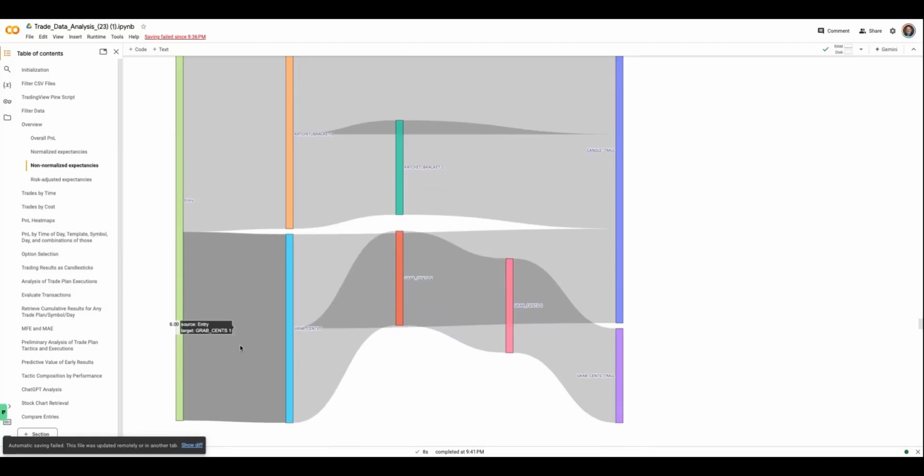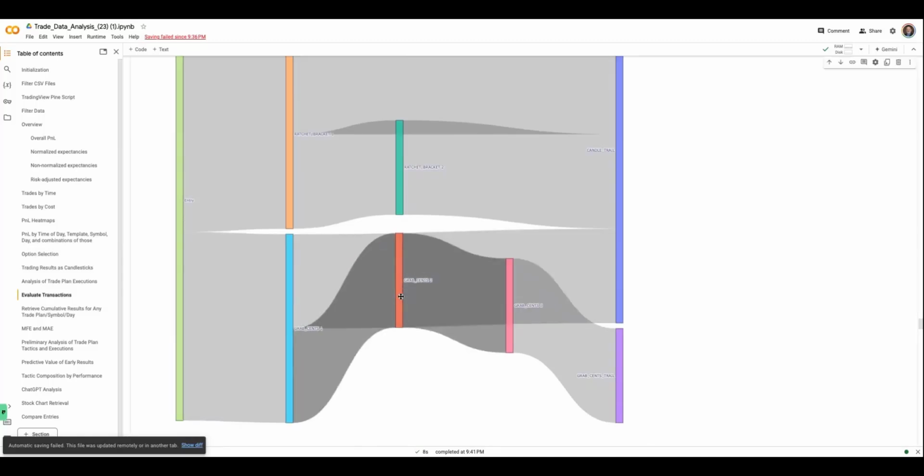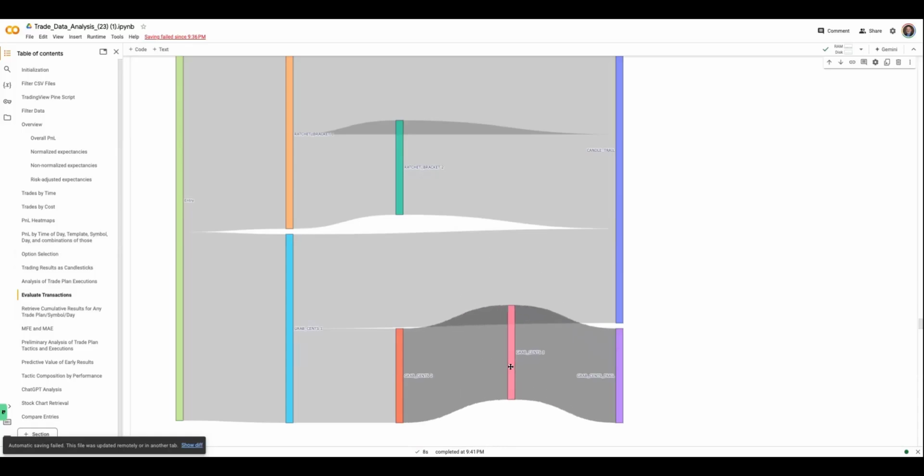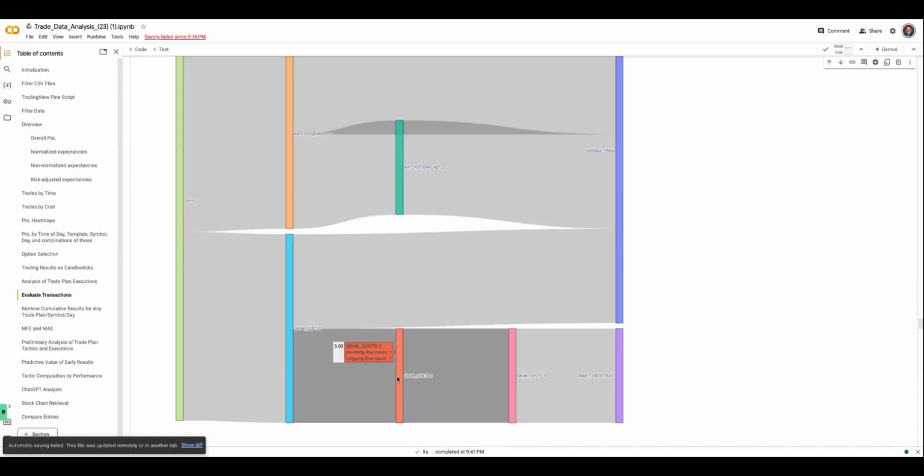And what's interesting, I found out, is from grab sense 1, 3 of them. Okay, I was reading it wrong before. So half of them made it from grab sense 1 to grab sense 2, and then all 3 that made it to grab sense 2 made it to grab sense 3.